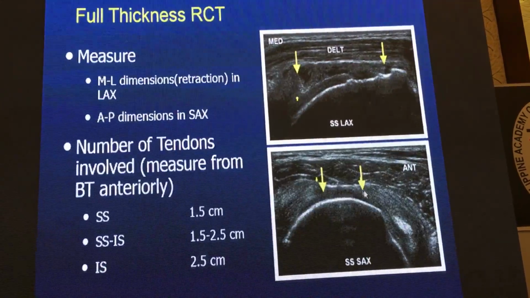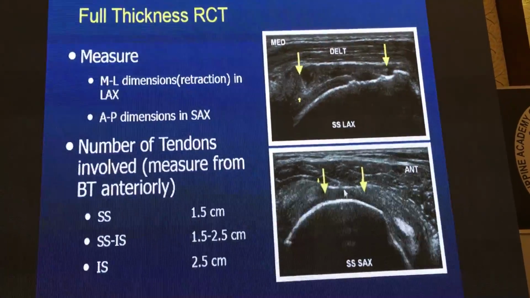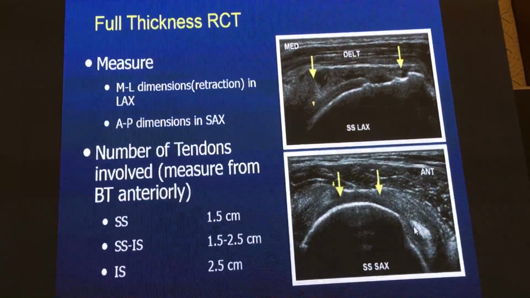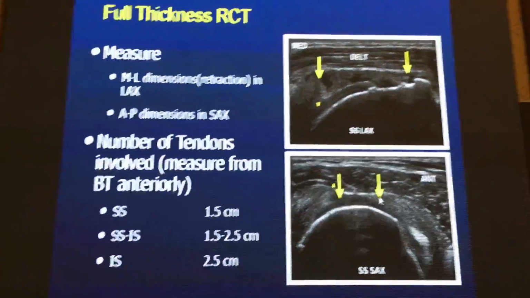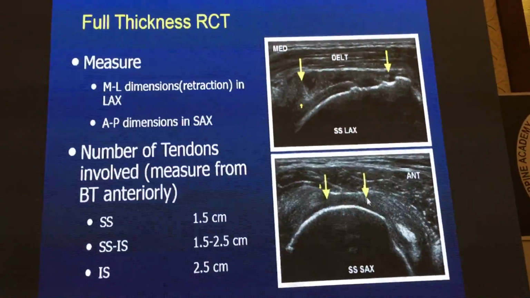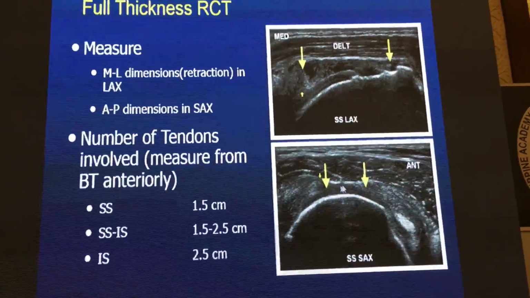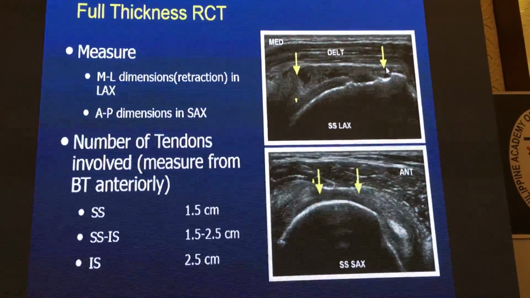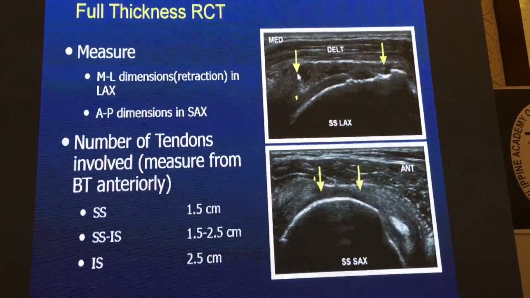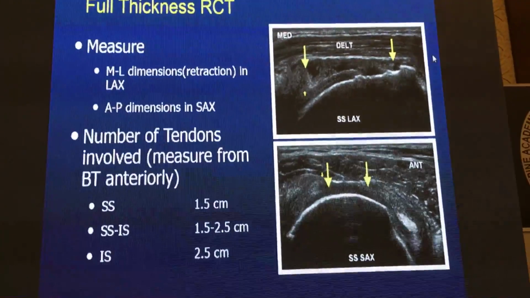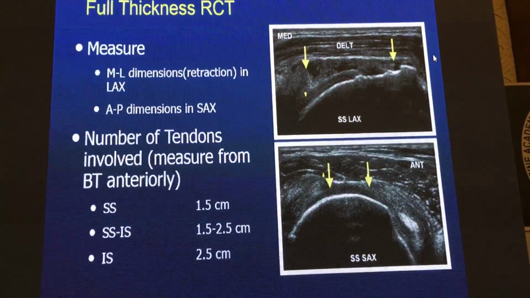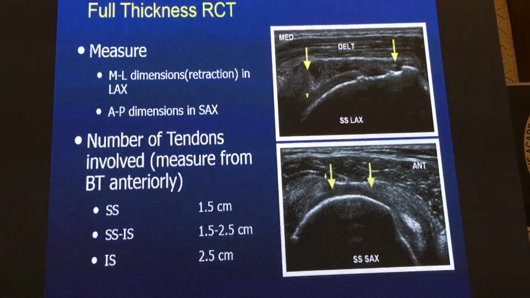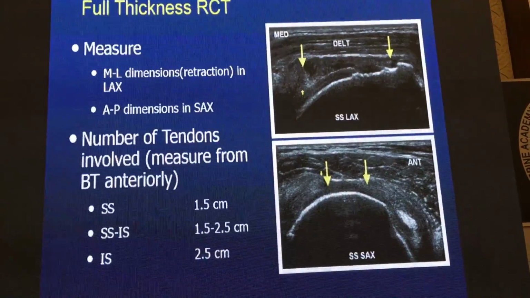If I was measuring this, I would say there is a full thickness defect in the supraspinatus located, let's just say, 5 millimeters posterior to the margin of the biceps tendon, measuring 8 millimeters in the anterior posterior dimension, with retraction of 12 millimeters in the medial lateral dimension. That gives you all the information that you would need, and when a surgeon went in there to do surgery, they'd be able to identify that with assurance.